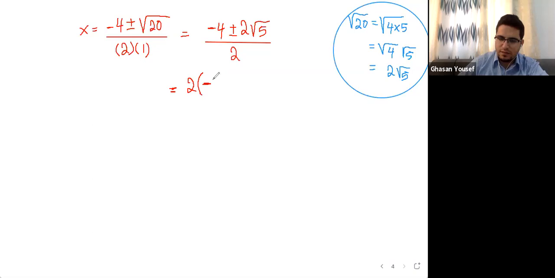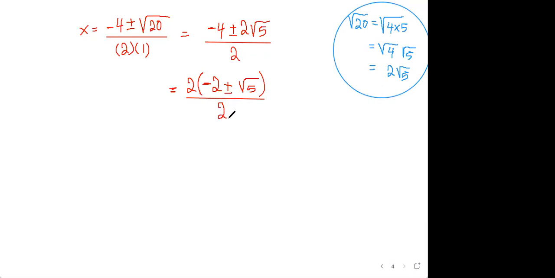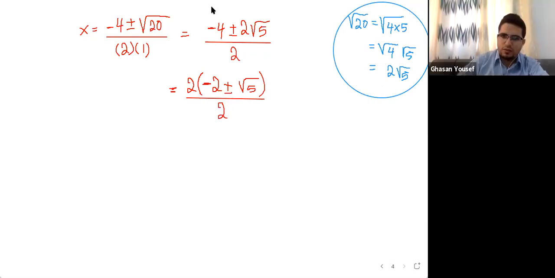Minus 2, because 2 times minus 2 gives me minus 4, and positive 2 times square root of 5, everything over 2. So I can cancel the 2 with the 2.